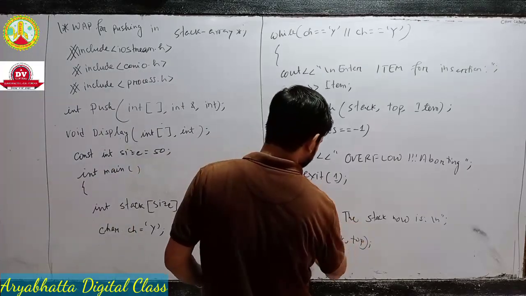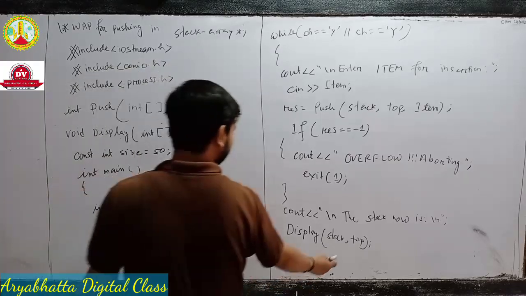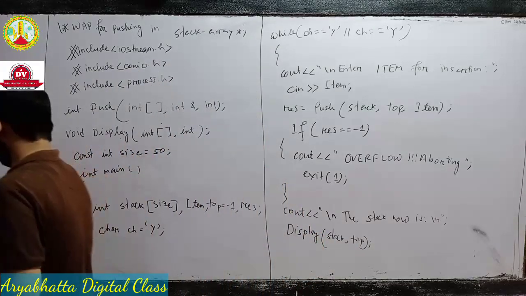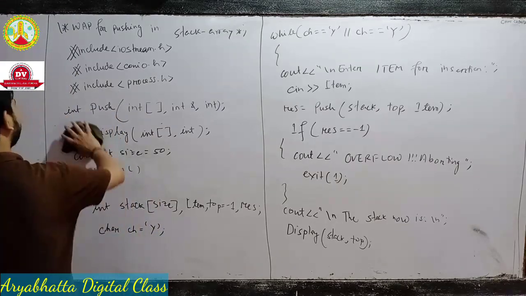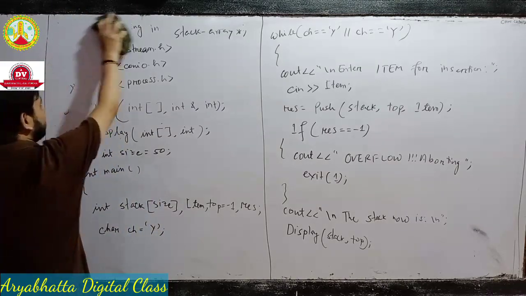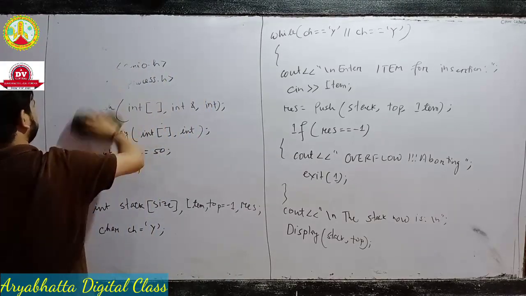Otherwise the stack is now displayed, and display the top. Here we take the top as the directly integer reference. Okay, see, because after inserting the element, the index is coming as an integer directly. Okay, I show you.